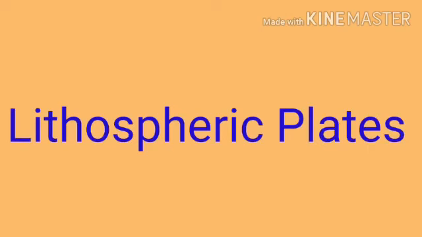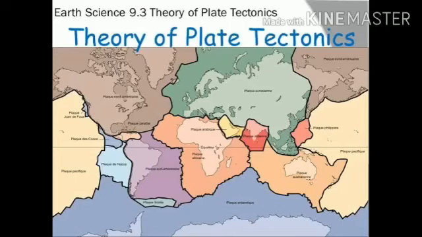Let us discuss the theory of plate tectonics. Students, many earth scientists have tried to describe the formation of physical features with the help of various theories. One such theory is the theory of plate tectonics. Plate tectonics is a scientific theory that describes the large-scale motion of Earth's lithosphere.